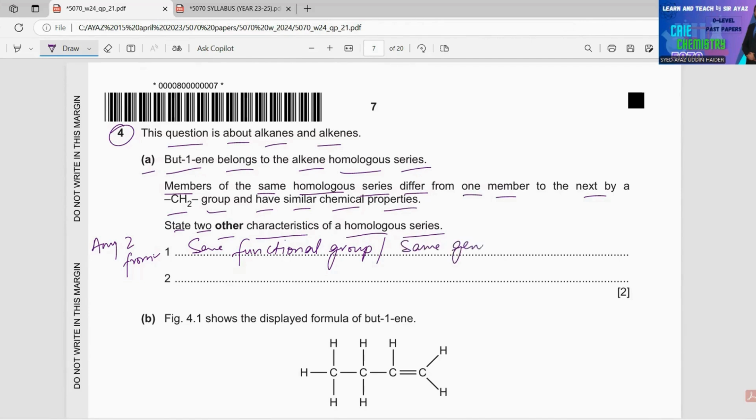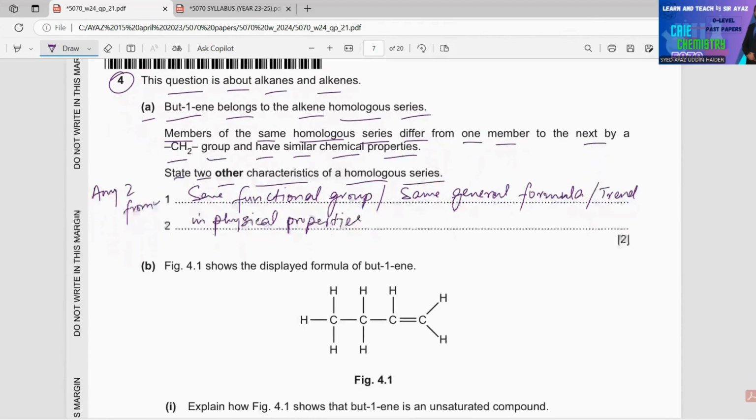They all will follow the same general formula. And there's always a trend in physical properties. So you can write trend in physical properties. So you can write any two from these.